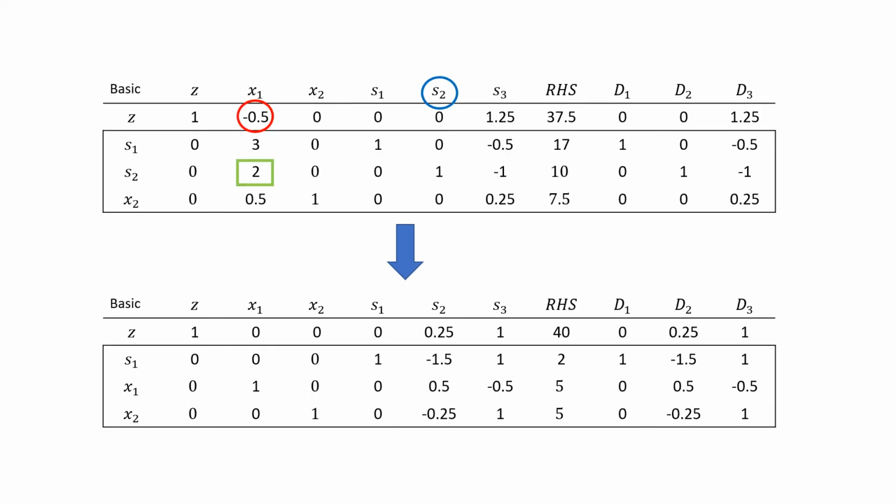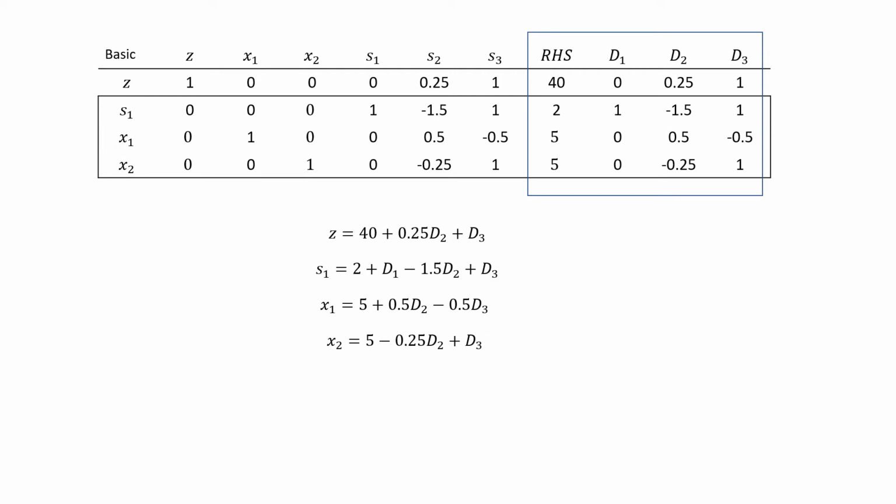We pivot around x1, we take s2, and after our second iteration, which is a problem that we saw last class, we end up with our optimal tableau, which says the optimum value is 40, and we have basic variables of S1, X1, and X2.